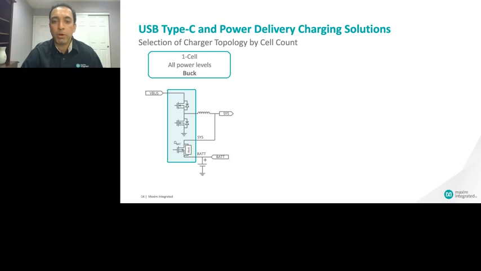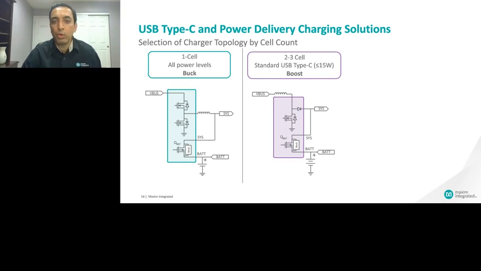The USB power delivery standard goes from 5 to 20 volts, or if you use the standard USB Type-C, you're going to be operating at 5 volts input. So whether you have less than 15 watts or more than 15 watts with power delivery, a buck converter is going to be sufficient for this particular single cell battery application.